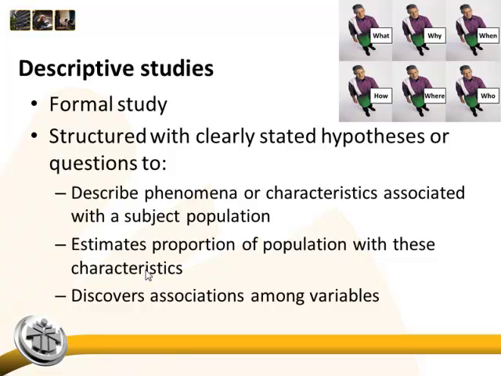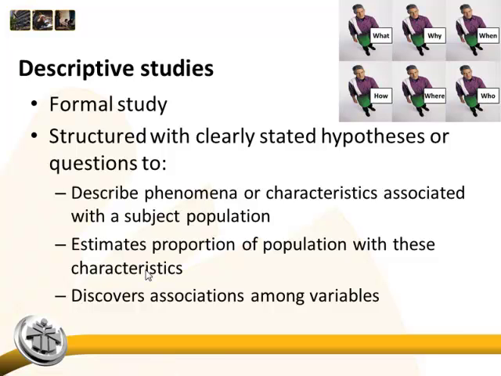And that's why we need to do the exploratory study, so that we can get to hypotheses. So it's structured with clearly stated hypotheses or questions, and it describes phenomena or characteristics associated with the subject's population. It estimates the proportion of population with these characteristics, and it discovers association among variables.